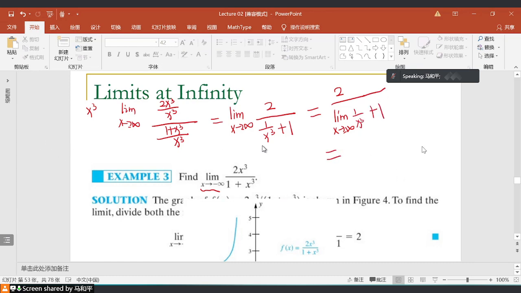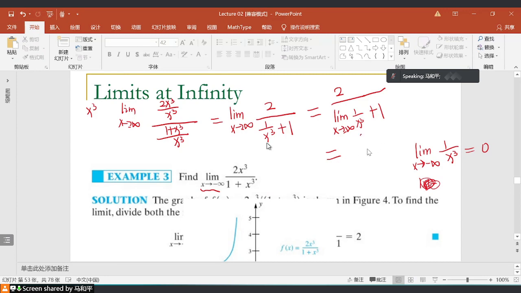As x approaches negative infinity, the absolute value of x gets larger and larger, so 1 over x cubed approaches 0.